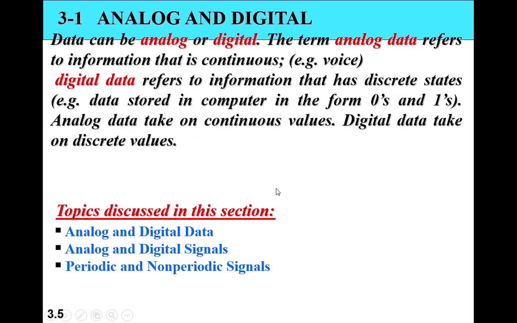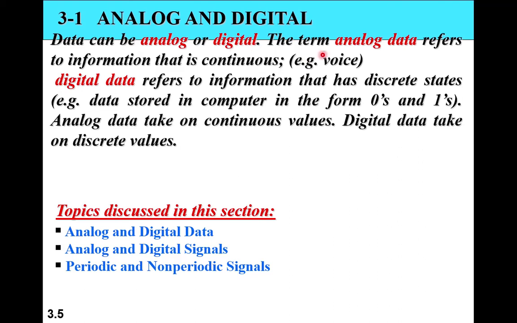There are basically two types of signals: one is called analog and one is called digital. Both data and signal can be analog or digital.